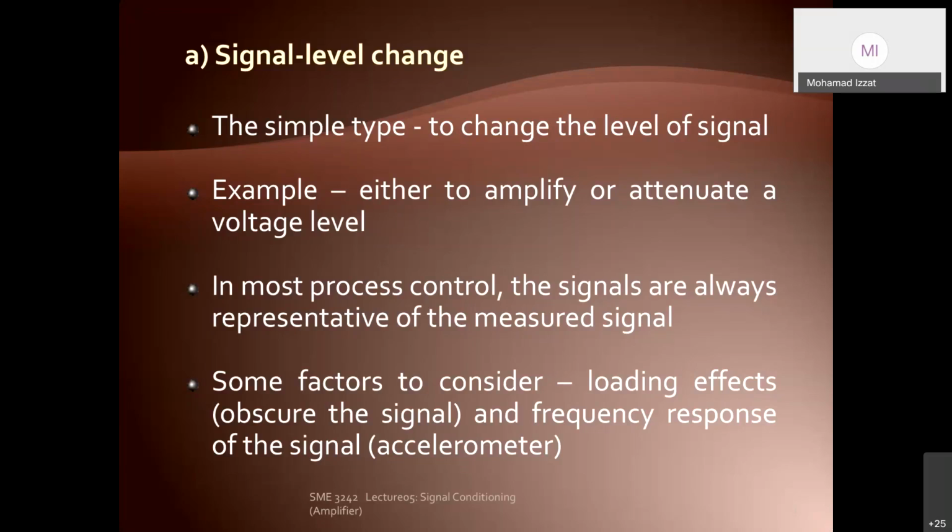So signal ni tak boleh straight away diberi kepada A to D ataupun display because voltage level is different. Just imagine you bagi 48 volt kepada equipment yang guna 5 volt. Memang hangus, memang terbakar terus. So you cannot straight away match. That's why you need what they call that signal conditioner to change the signal condition. Nak rendahkan ke, besarkan ke, kecilkan ke, macam mana ke supaya level dia sesuai dengan kotak-kotak selepas tu, ataupun display. Alright, so that's the first function.